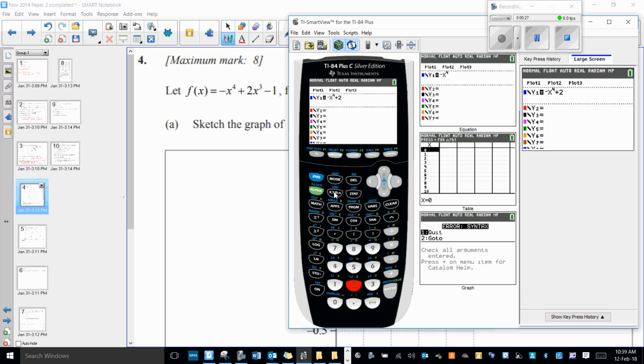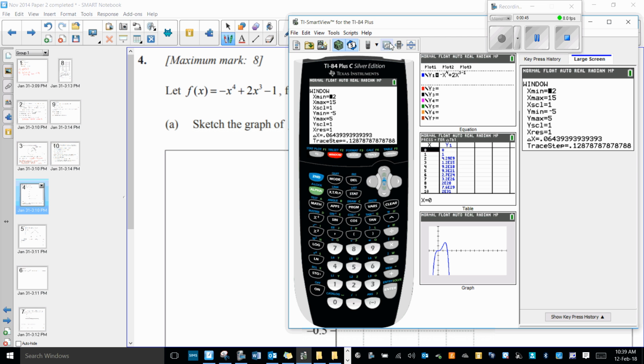X 1. Let's just make sure it's inputted properly, and then I'm going to change my window to the window they've got.